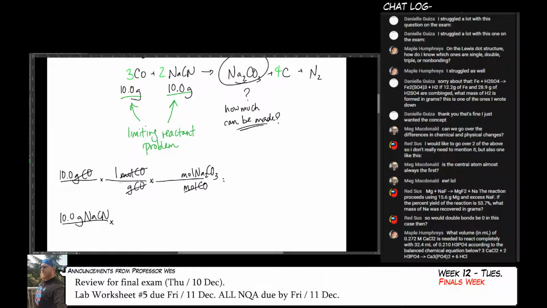All right. 1 mole of CO is 30 something. 30.01. And then 3 moles of carbon monoxide is 1 mole of sodium carbonate, according to the balanced chemical equation up here, there's my 3 and there's my 1.